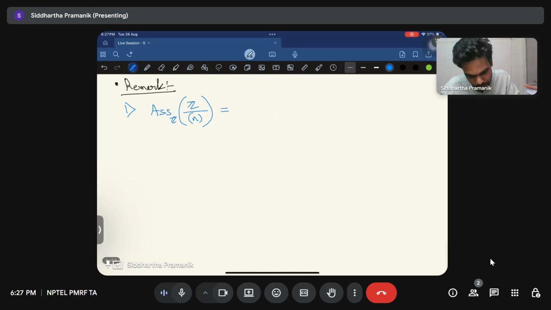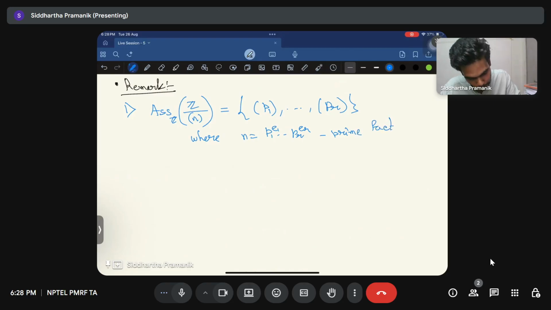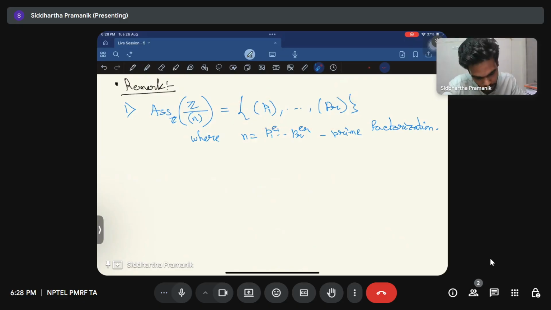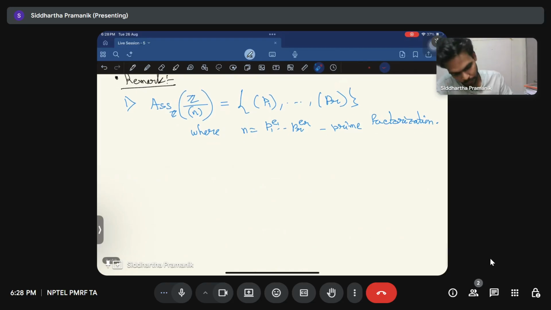So the associated primes are the ideal generated by P1 up to the ideal generated by PR, where N equals P1 power E1 up to PR power ER is the prime factorization. So if we know the prime factorization of an integer, we can get the associated primes of the ideal generated by that integer. So this is one remark.